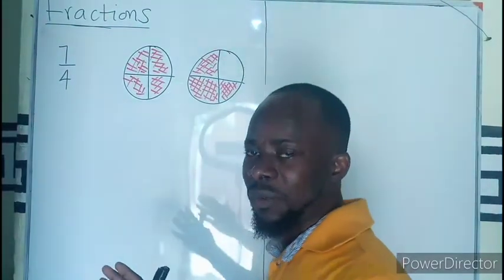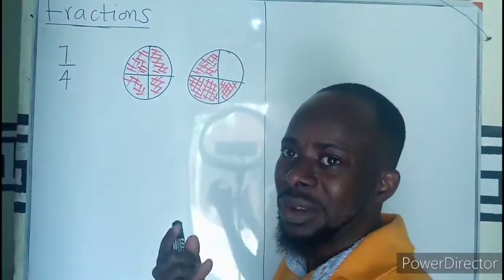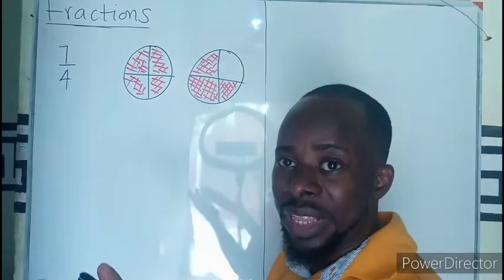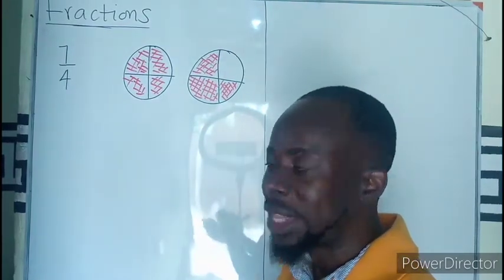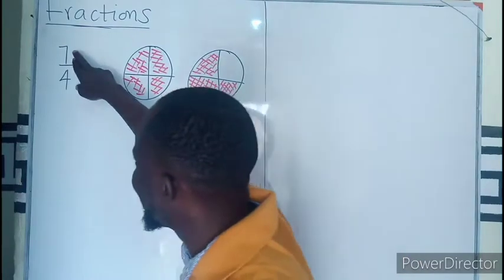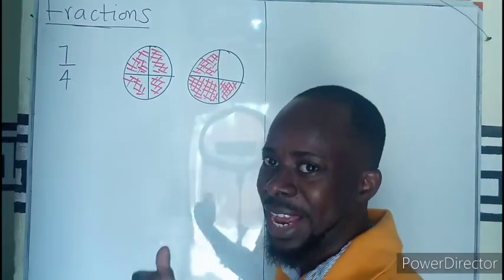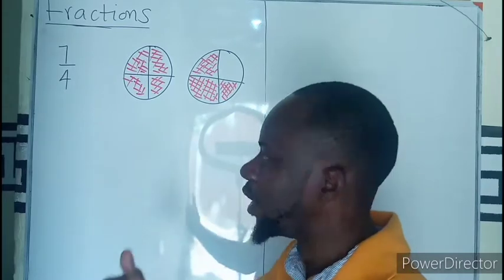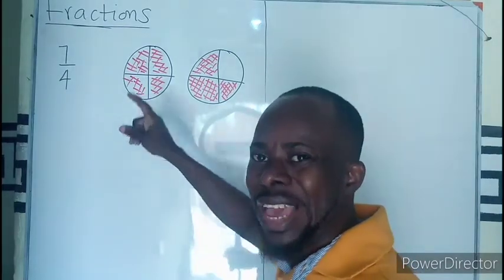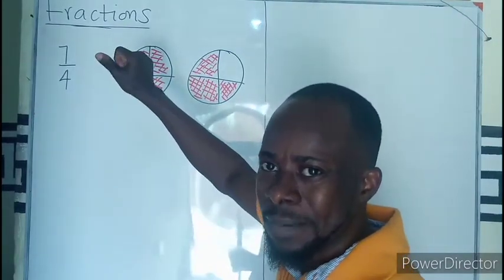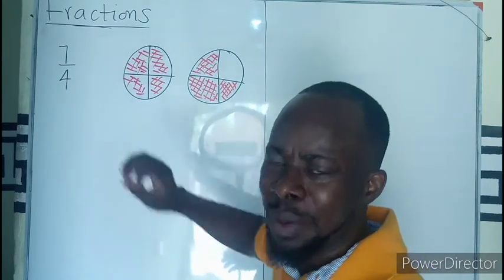All that we have treated so far, you can see that the numerator is always smaller than the denominator. So now let's see 7 out of 4: we divide the whole into 4 parts, then we are taking 7. How would that be possible?